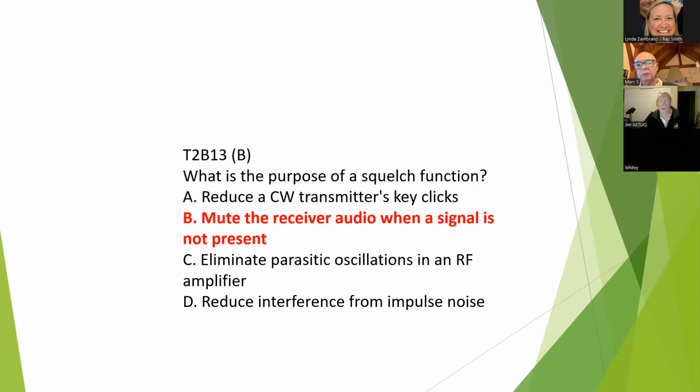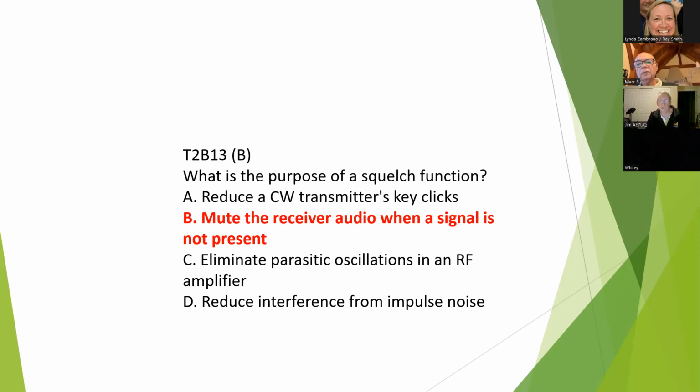And this is sort of a general question. What is the purpose of a squelch function? Basically, when you turn on a radio, a lot of times you'll hear a lot of hiss, background noise. What you can do with the squelch knob is mute out all that hash, so that you'll only hear strong signals.